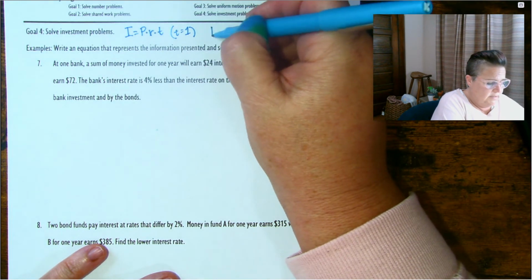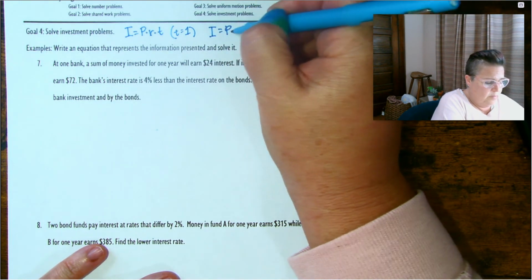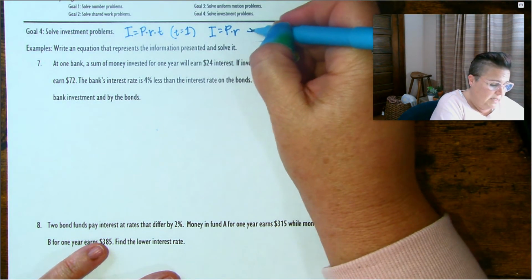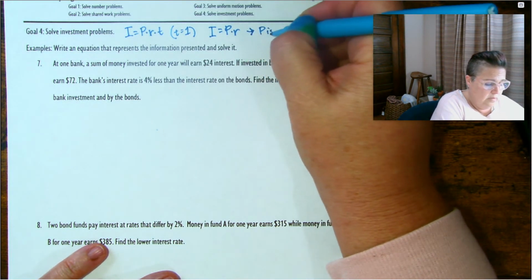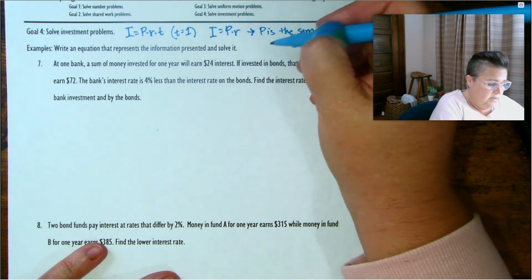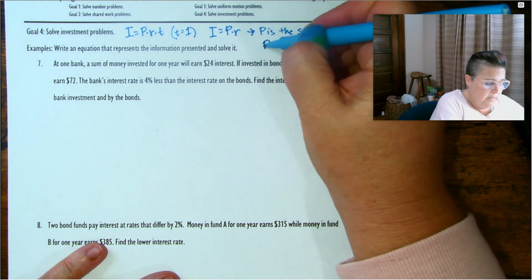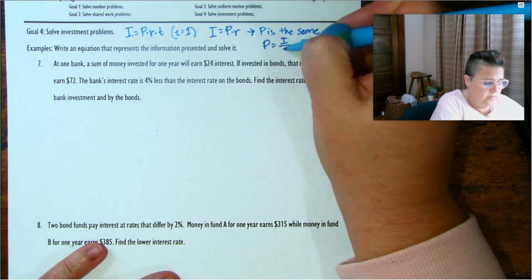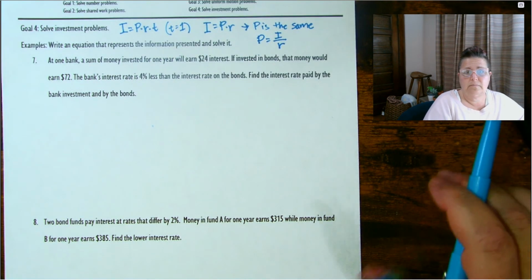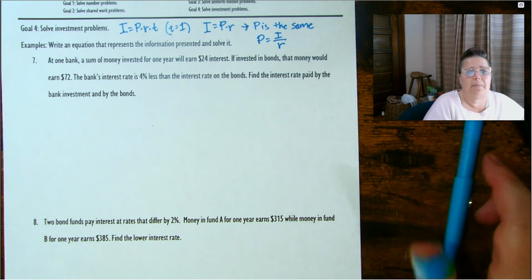So that tells us that our interest will be the principal times the rate. For most of these problems, the P is equal. So we are going to be using P is equal to the interest over the rate for most of these problems. All right, let me show you what I mean.